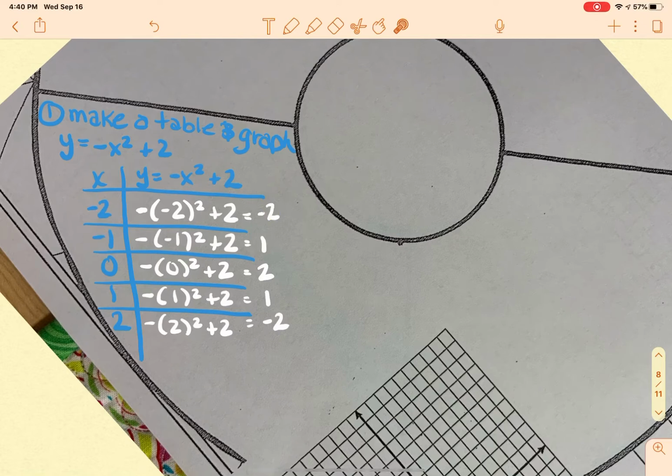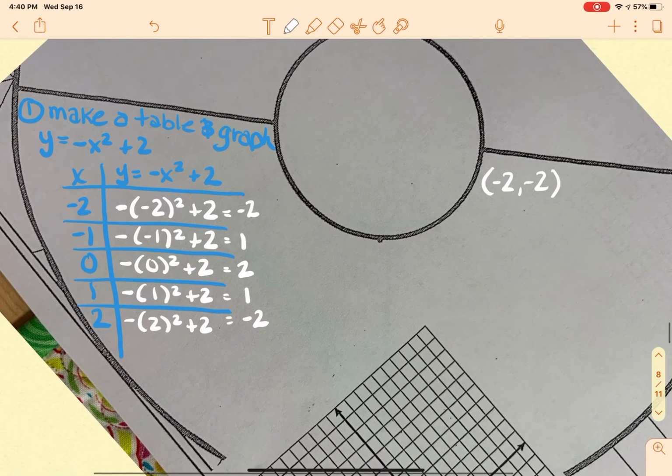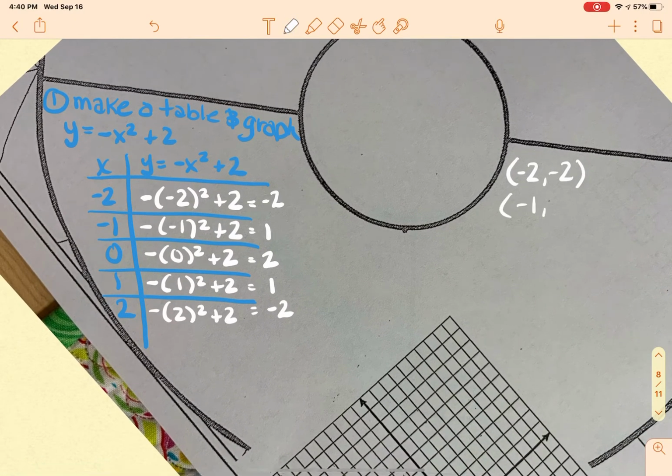So negative 2, negative 2 is the first one. Negative 1, 1 is my second one. 0, 2. 1, 1, and 2, negative 2.